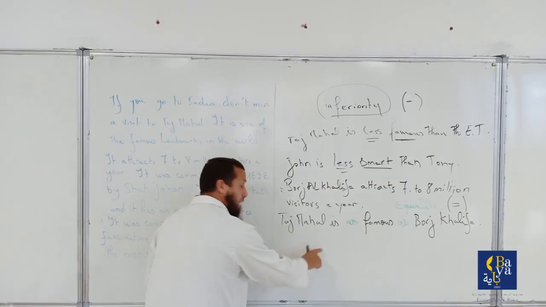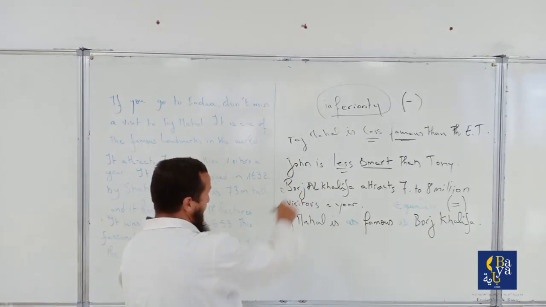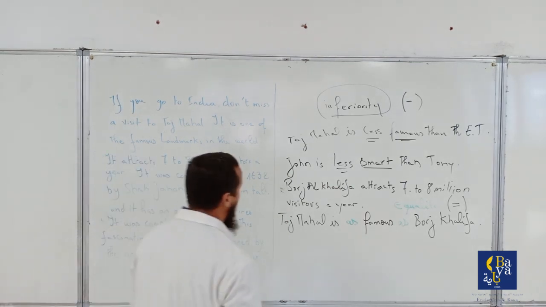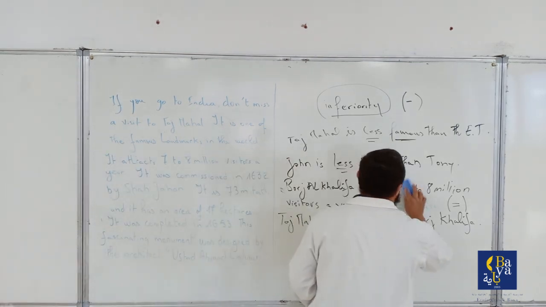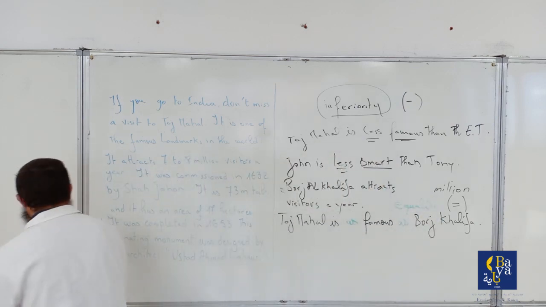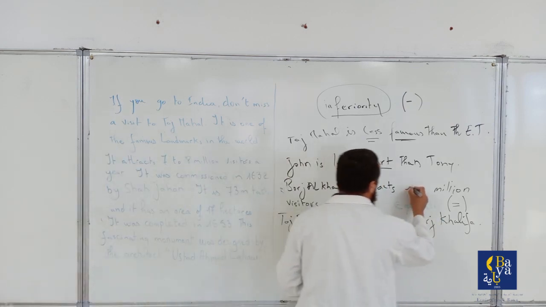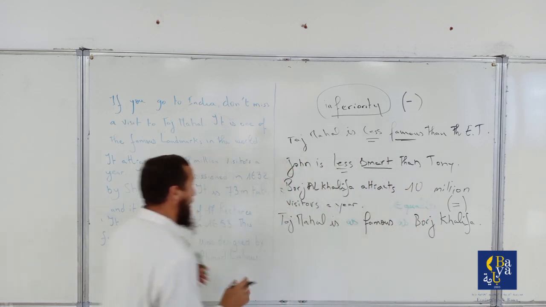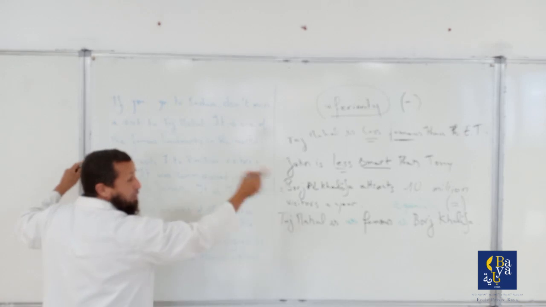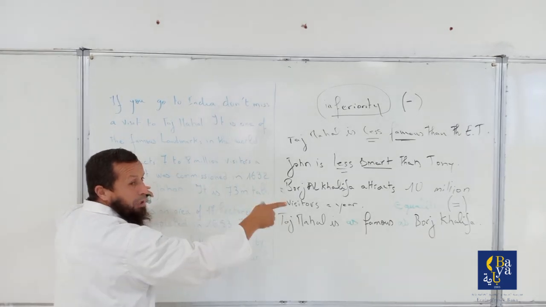Then, if they are not, I will change the example. Here, we write 10 million. Okay, 10 million. It means they are not equal.